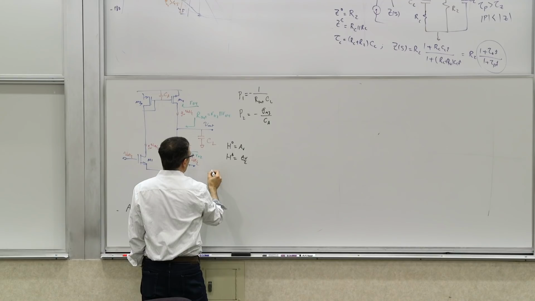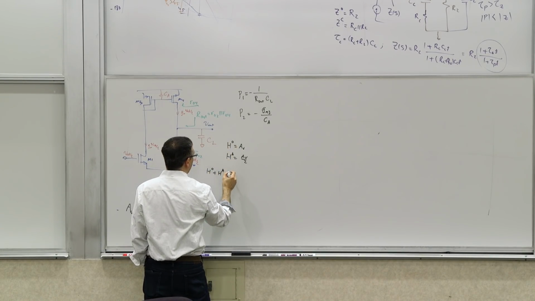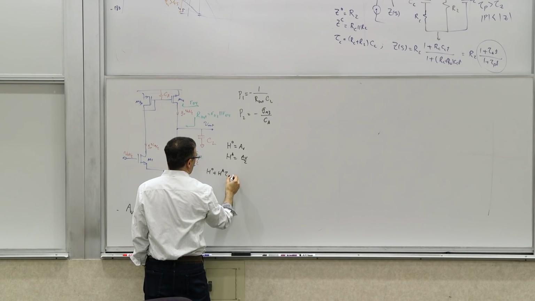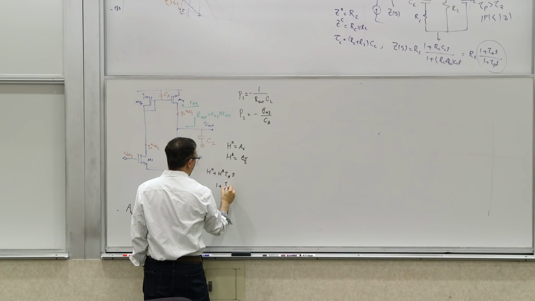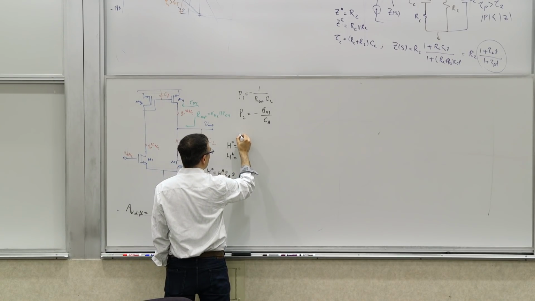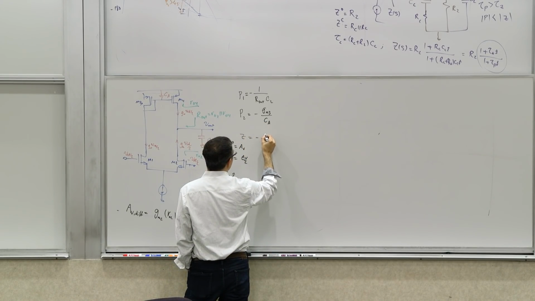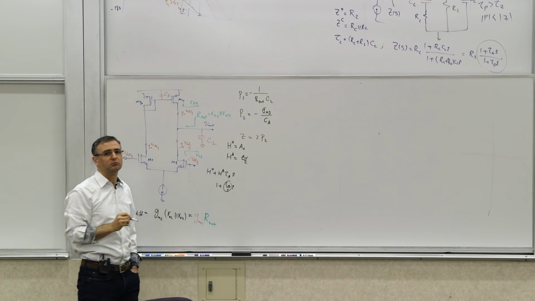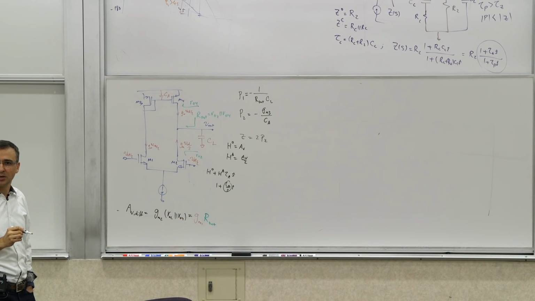The numerator will look like H0 plus HA times tau A times s. So if you factor this out, you will get 1 plus tau A over 2 times s. So the time constant of the zero is going to be half of that. In other words, it's going to be twice the pole frequency. It's going to be 2p2, because its time constant is half. The zero time constant.